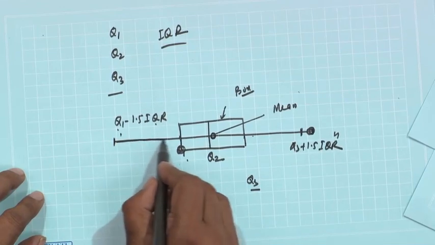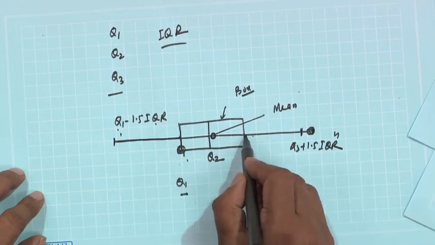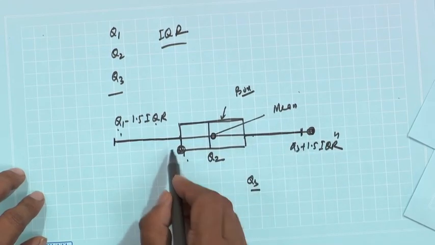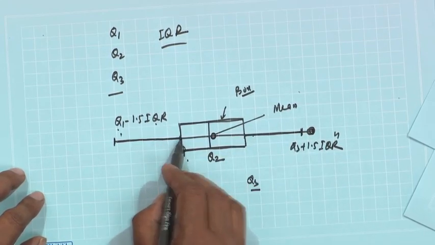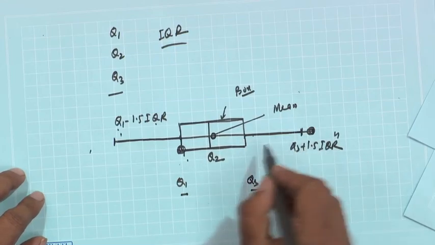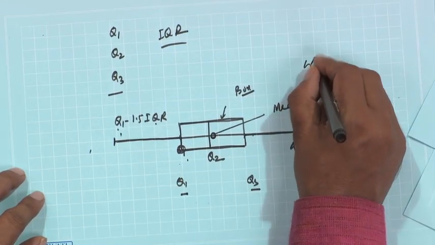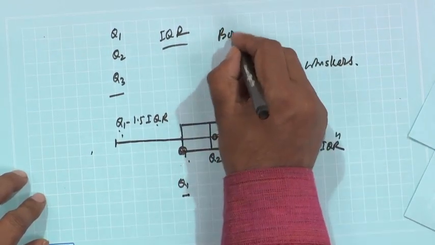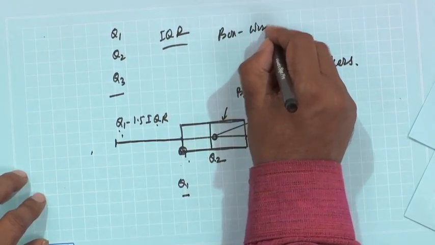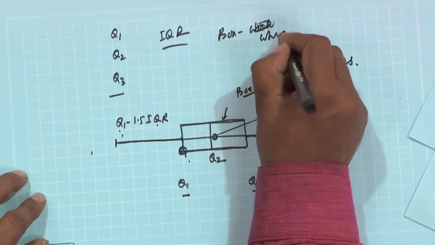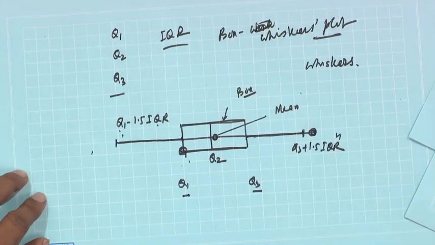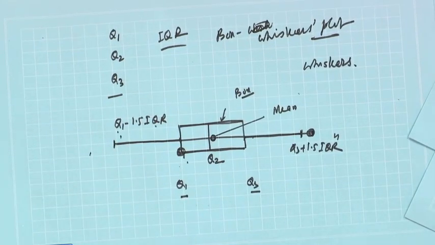In the box plot, there is not only the box, there are also lines to the left of Q1 and to the right of Q3, known as whiskers. That is why this plot is also known as the box and whisker plot.